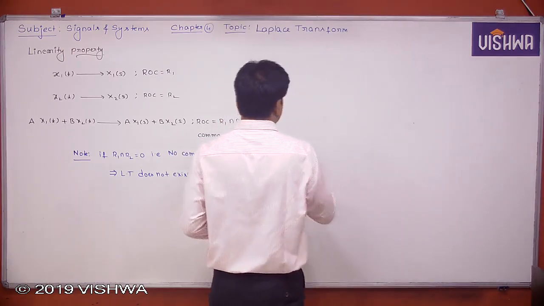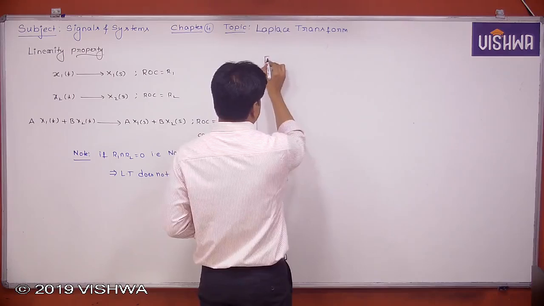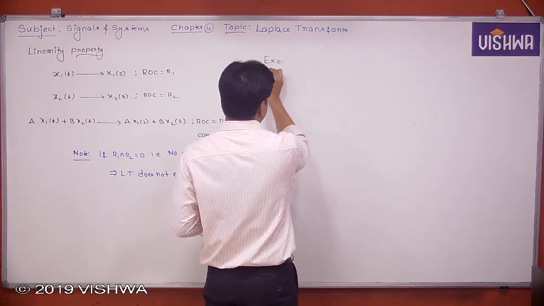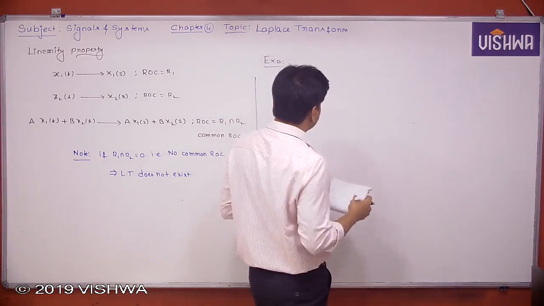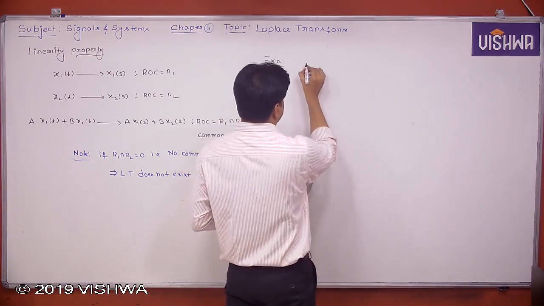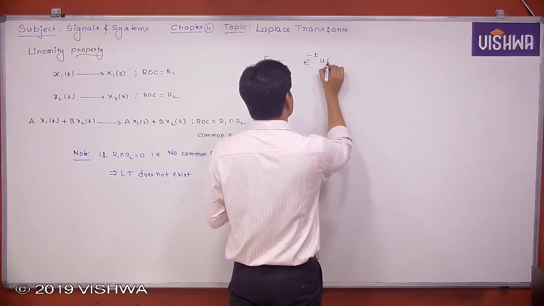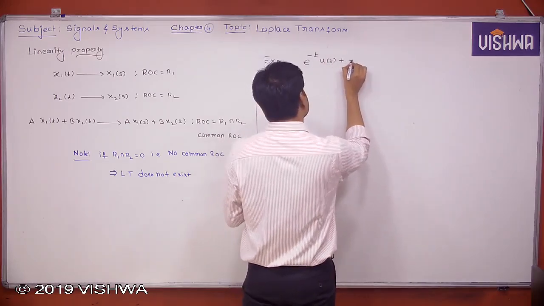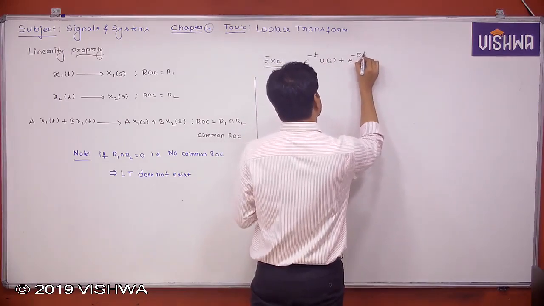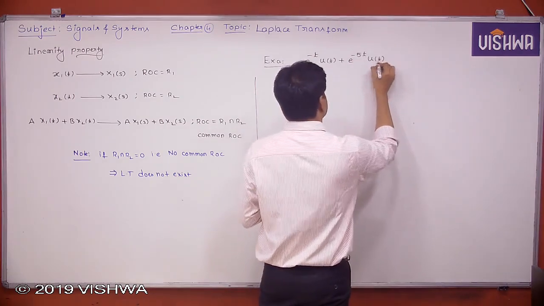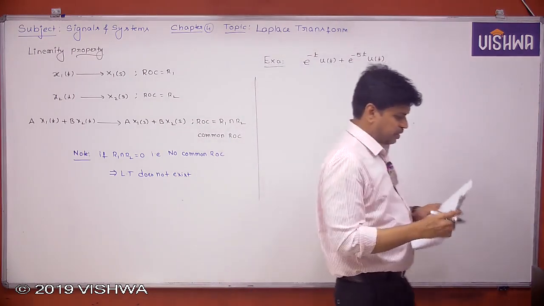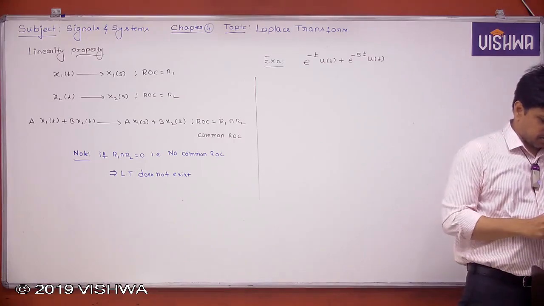Let's take some examples based on the linearity property. Find the Laplace transform and ROC for e power minus t u of t plus e power minus 5t u of t. For this signal, we have to calculate the Laplace transform and ROC.